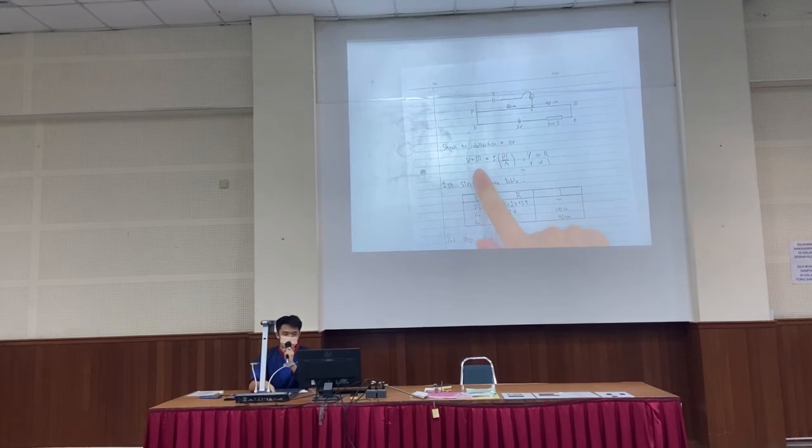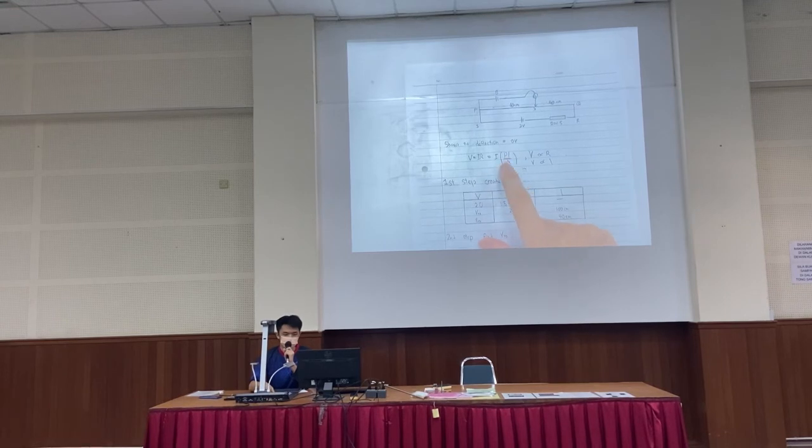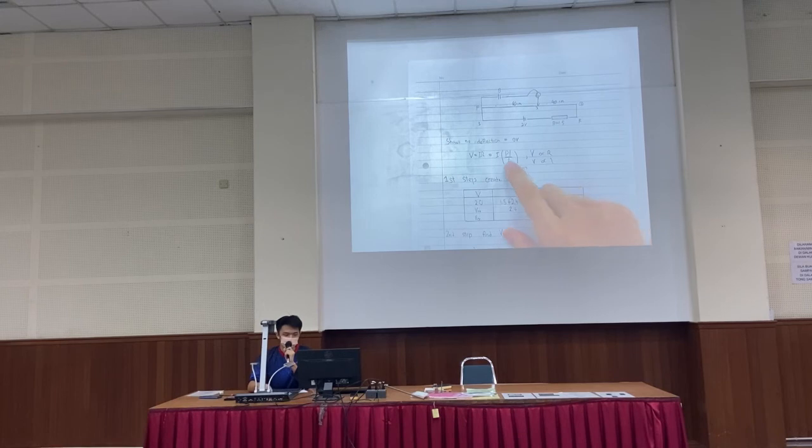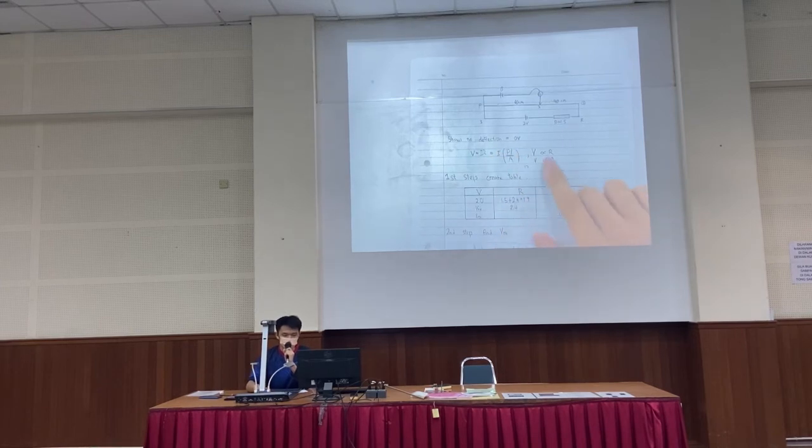First is V equals IR, and V also equals I times ρL over A. The ρ is the resistivity, the constant of the material of the wire, but we do not use it here, and also the area, because we will only compare V, R and the length. So V is directly proportional to R, and also V is directly proportional to L.